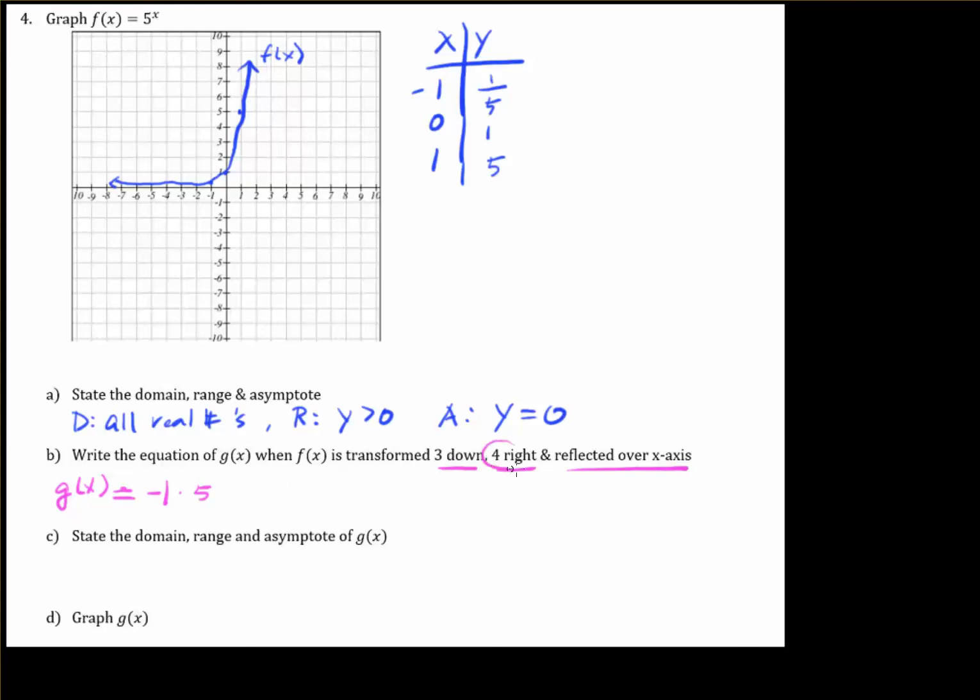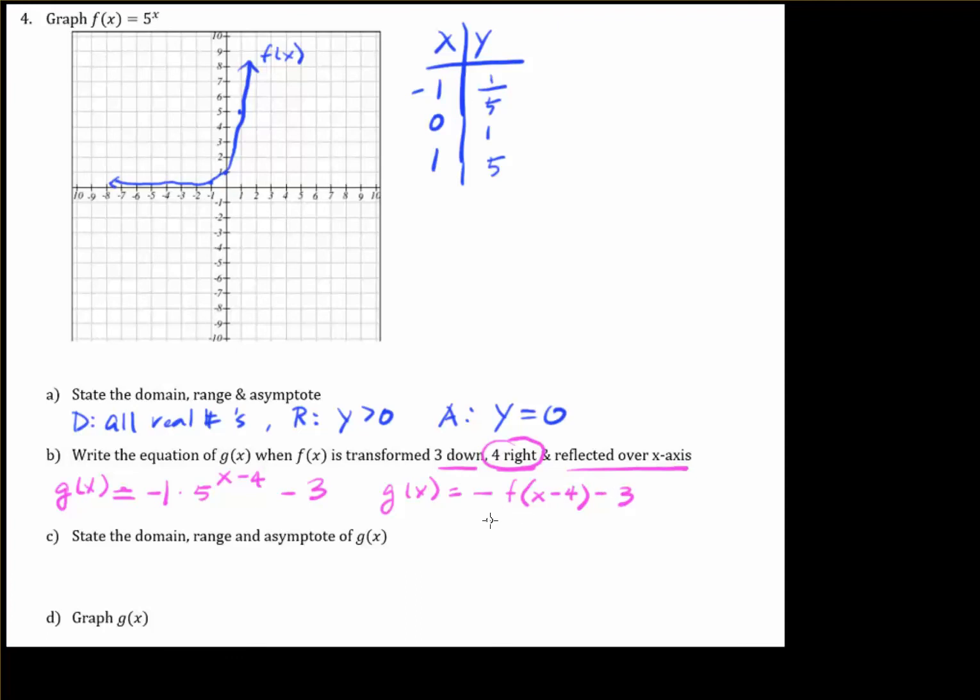Now 4 right, that's a +4, but inside, when we attach it to the x, we're going to change the sign to a negative. And 3 down. Remember, I told you can also write it in the universal way, so it can become negative f of x minus 4 minus 3. Okay, either way, it's correct.